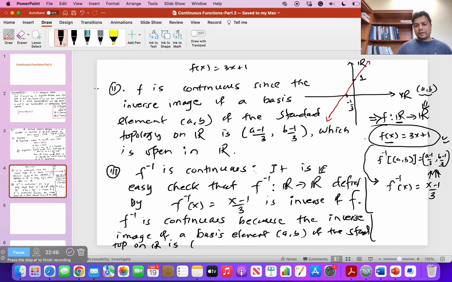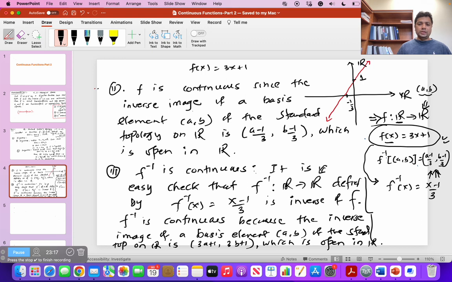If you plug in A for f inverse of x and then solve for x, you are going to get 3a plus 1, and for b, 3b plus 1. So the inverse image of (a, b) under this function is this interval, which is obviously open in R. So f inverse is also continuous.